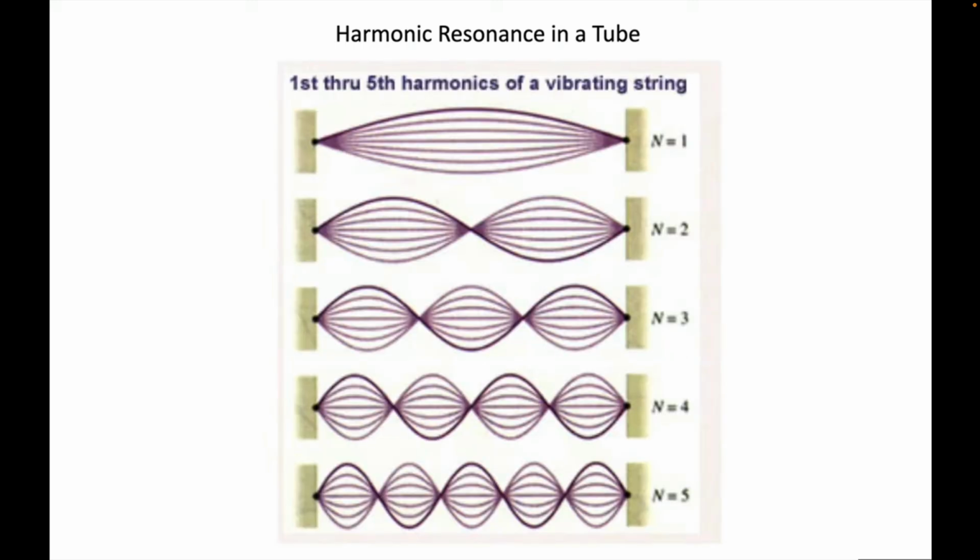Here are the first through fifth harmonic shown on a vibrating guitar string, but this could also be considered an amplitude function on the air pressure in the flute, which oscillates mostly in the middle for the first harmonic, and the second harmonic that has a high pressure, low pressure, alternating with low pressure, high pressure, third harmonic, high, low, high, alternating with low, high, low, and so on through the fourth and the fifth harmonics.